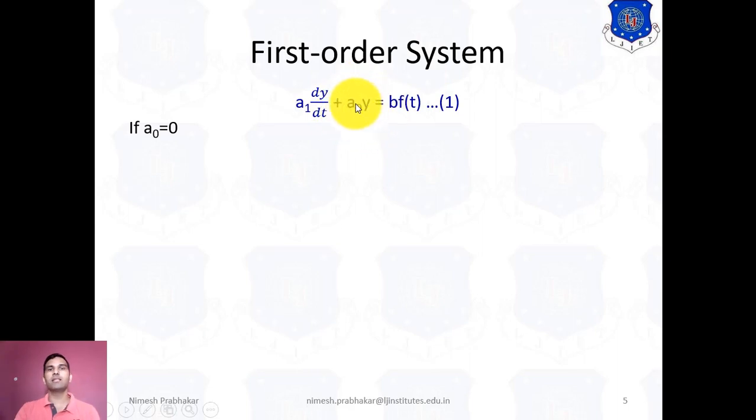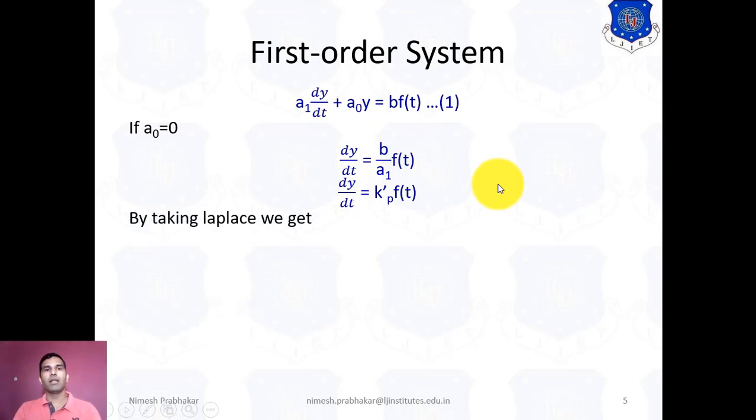So we can write this equation as dy by dt is equal to b by a1 into f of t. Now we can represent this equation as dy by dt is equal to kp dash into f of t, where kp dash represents b by a1. Now we take the Laplace of this equation.